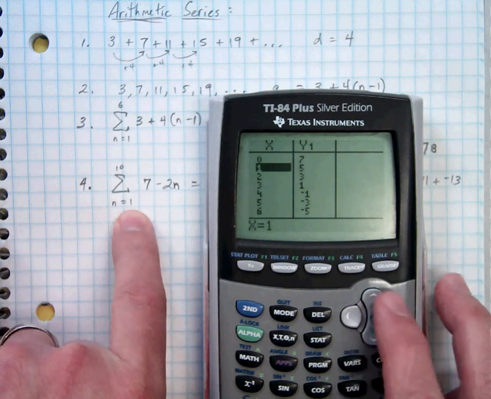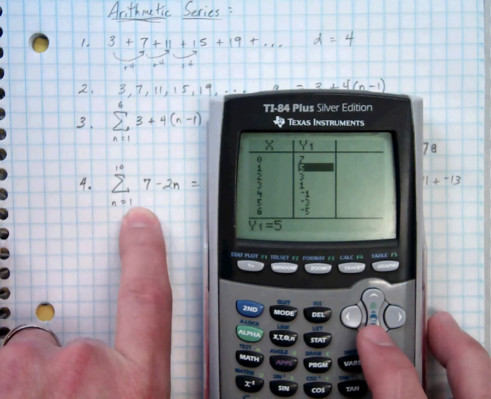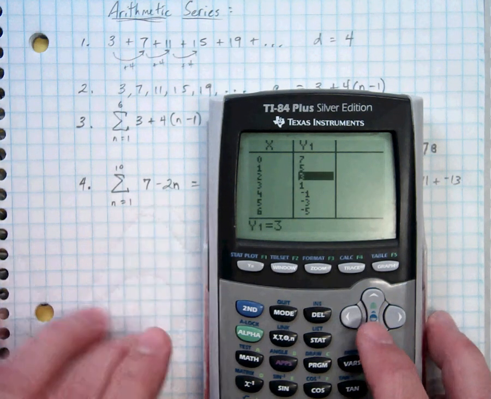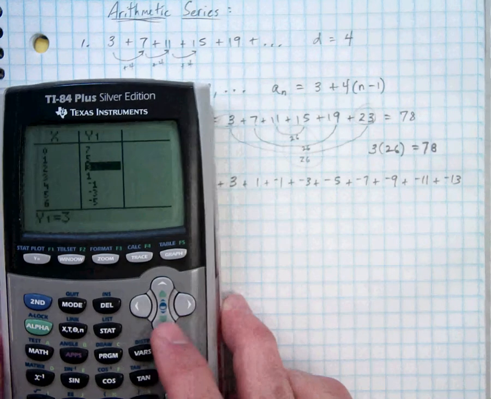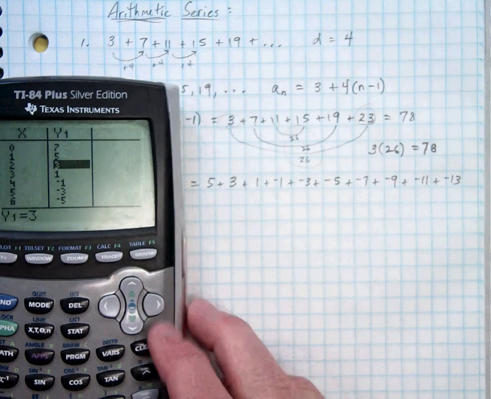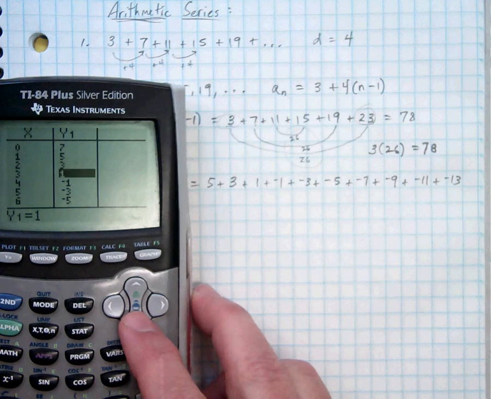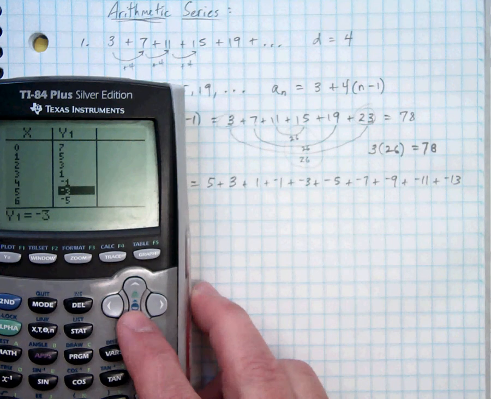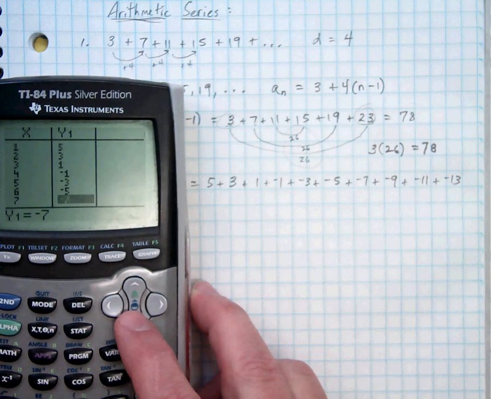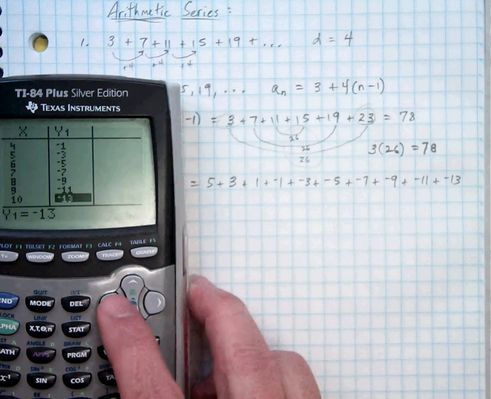So first we get 5, and then you get 3, and you can see it's the same as these numbers here, right? It's 5, 3, 1, negative 1, negative 3, negative 5, negative 7, negative 9, negative 11, and negative 13 is the 10th number.